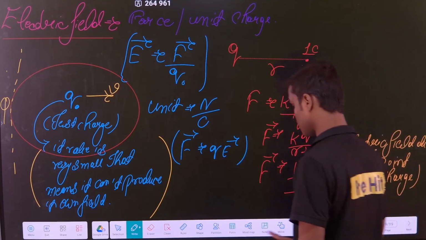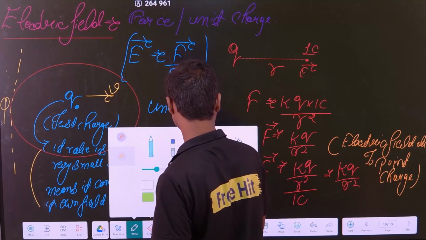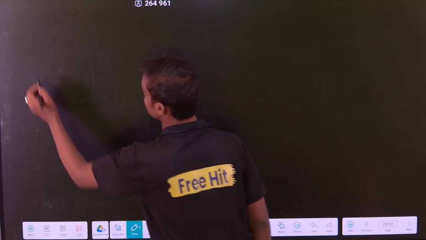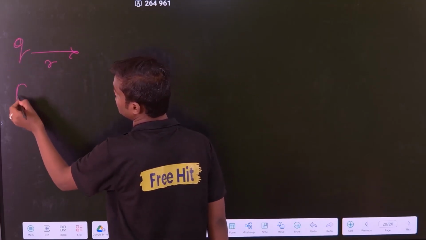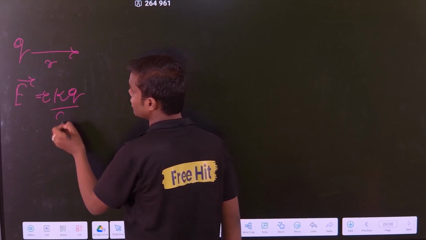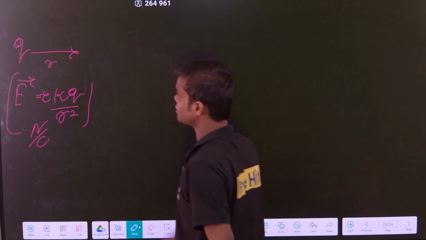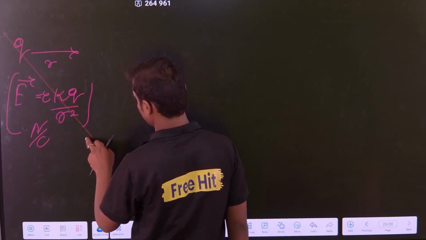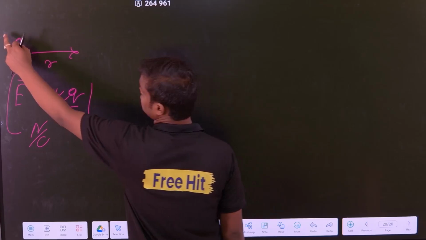So what you have to remember: if there is a charge Q and at some distance R, the electric field will be defined as K Q by R square, and the unit is Newton per coulomb. That is what you have to remember as a summary. Clear?